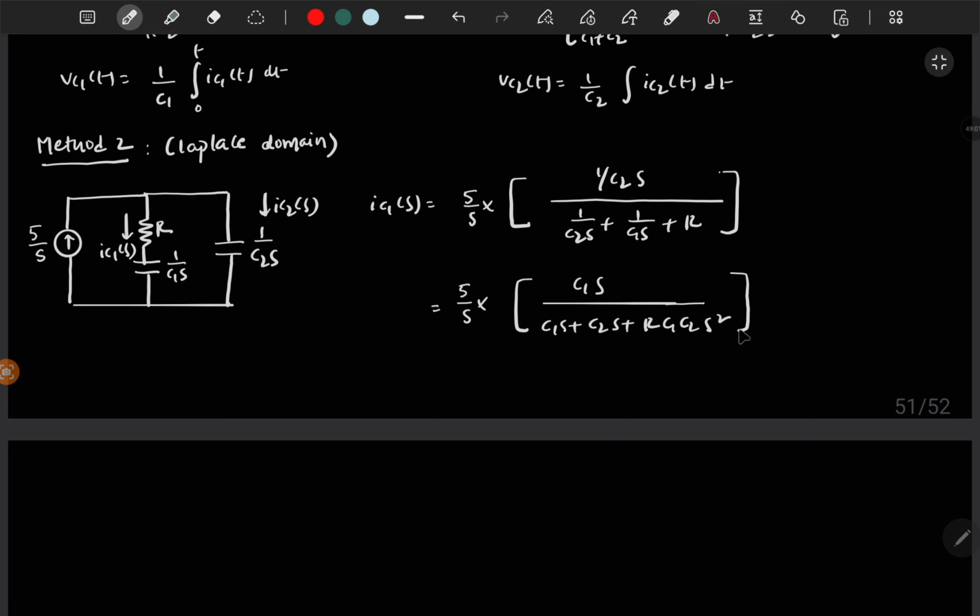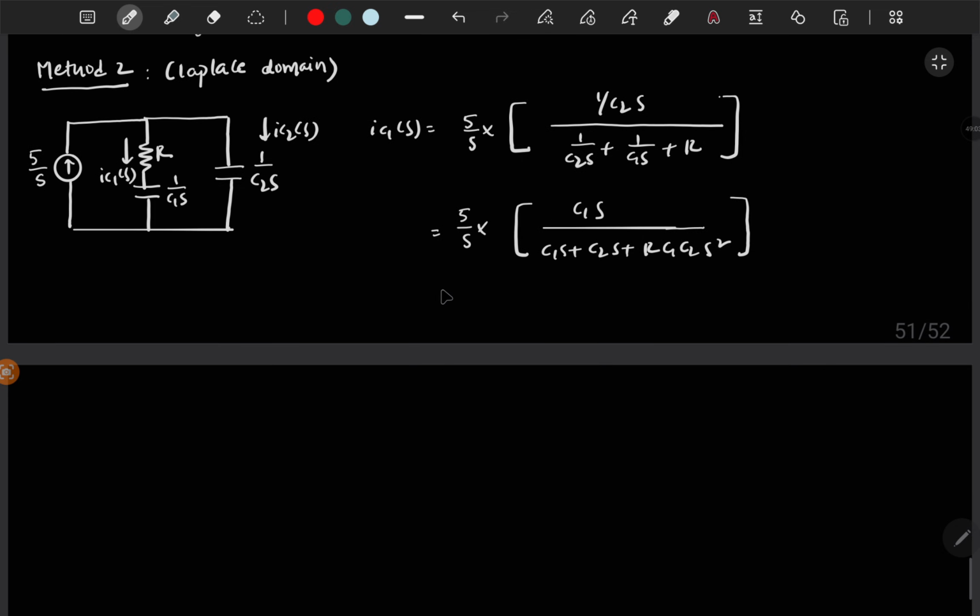If you take the LCM and solve, then phi C1 by s times R C1 C2 s plus C1 plus C2.